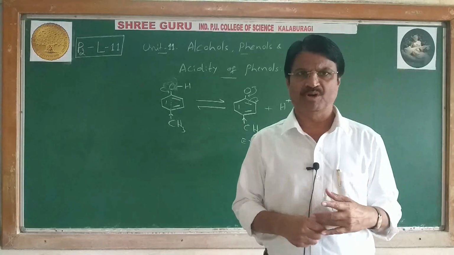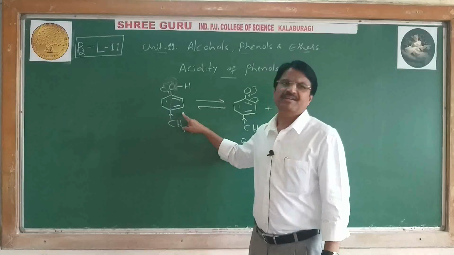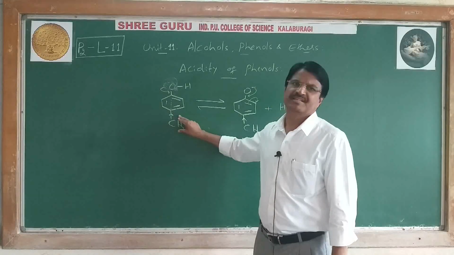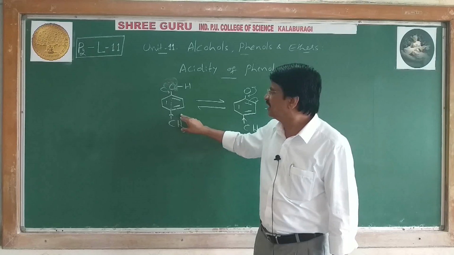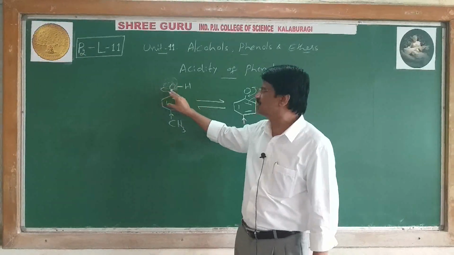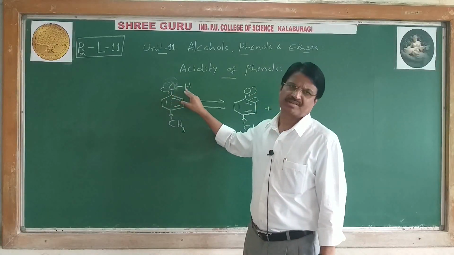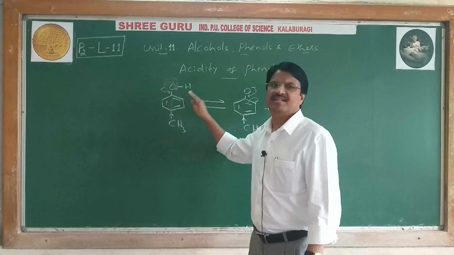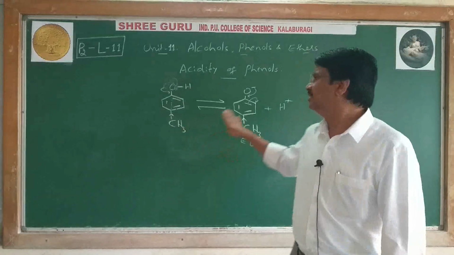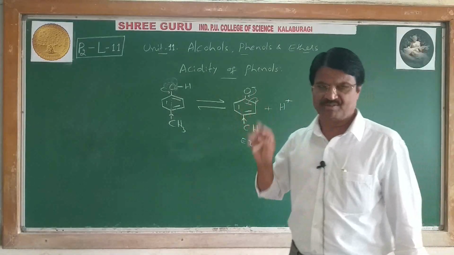Here is one of the answers. Or in methyl phenol or cresol, methyl group is an electron donating group, and it increases the electron density on oxygen, and the OH bond is stronger, or the OH bond is said to be less polar, and its ionization is less or poor, giving lower concentration of hydrogen ion.